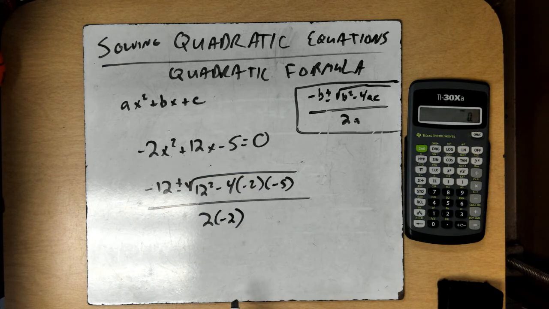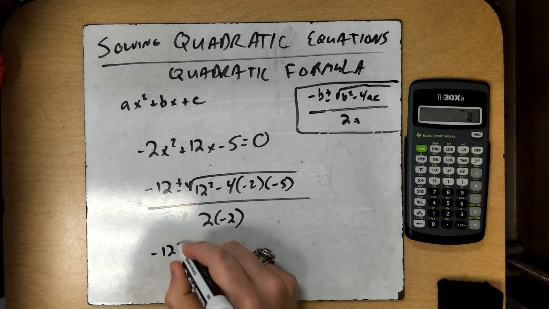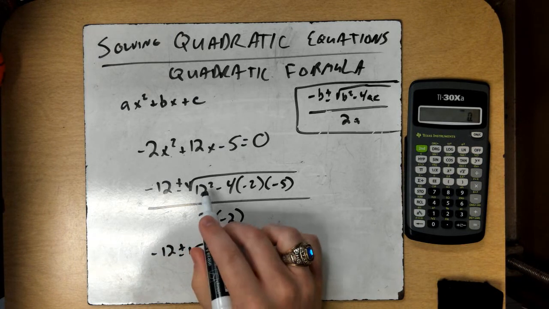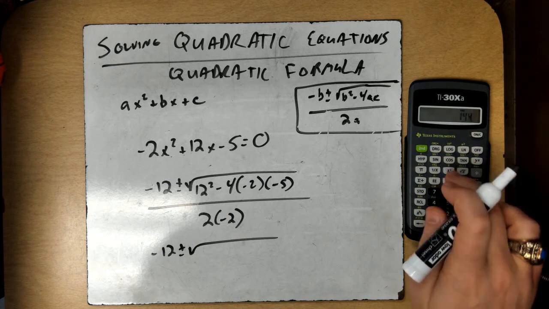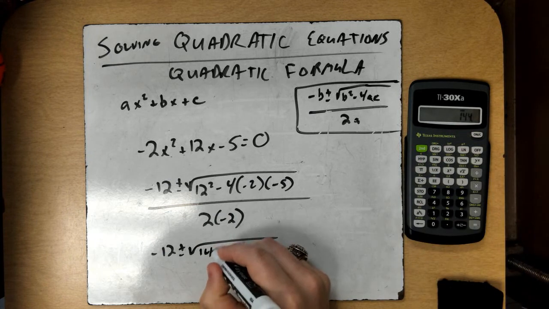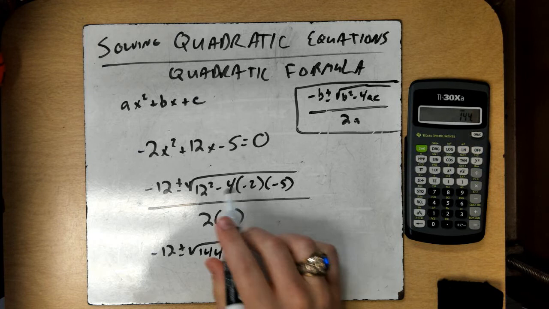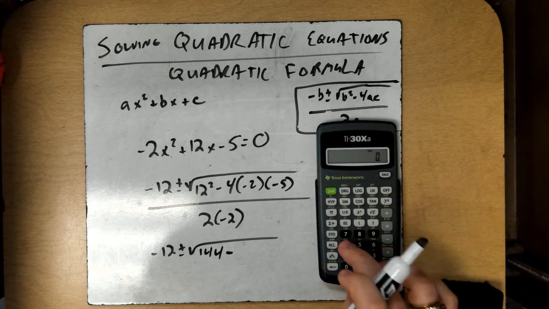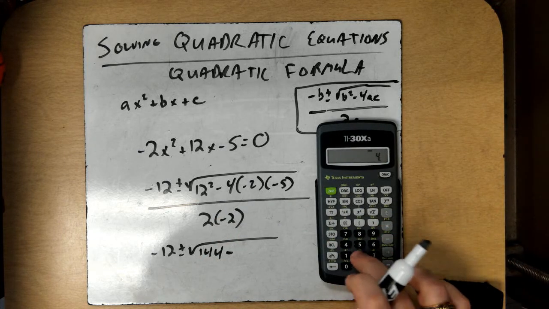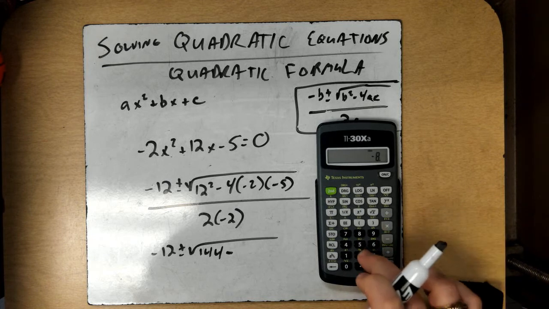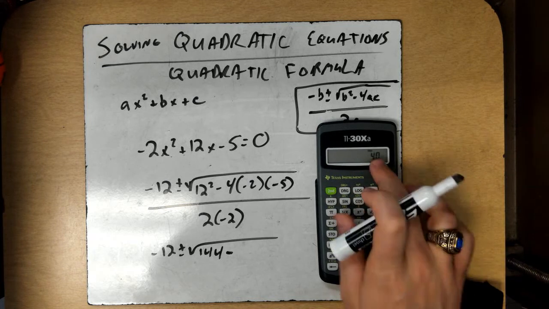So a little change from the previous questions. So negative 12 plus minus, so 12 squared. 12 squared is 144. Minus, now we have 4 times negative 2 times negative 5 equals 40.